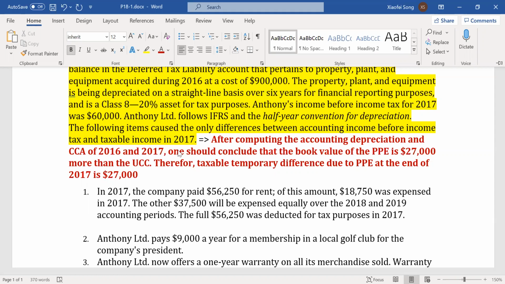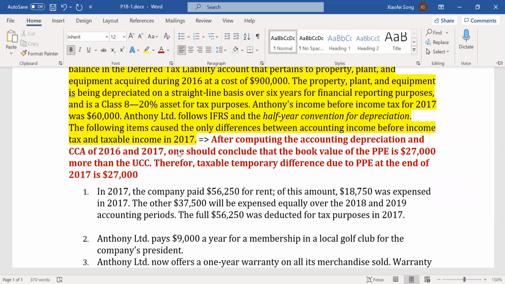A prepaid expense gives us a future taxable amount.